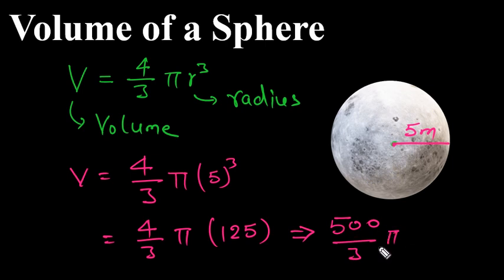So 500 pi divided by 3 meters cubed. That is your answer. You can further solve it using the calculator and you will get your answer without pi.